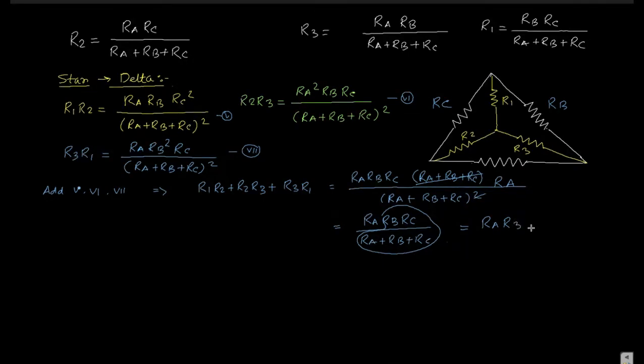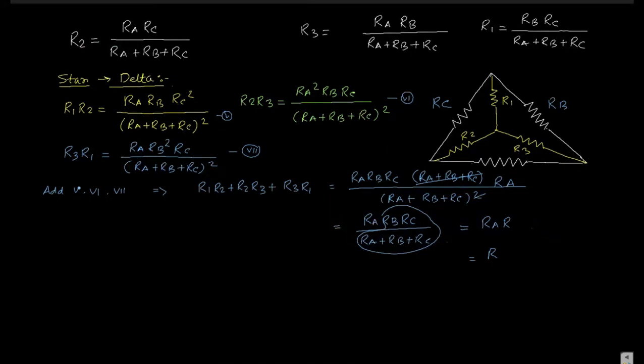Okay, according to that you can write RB RC. RB RC means not RA, so it becomes R1.